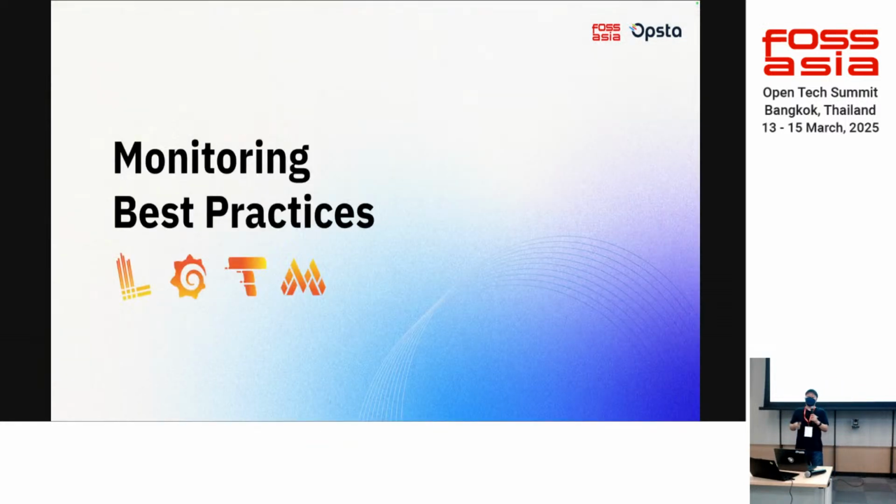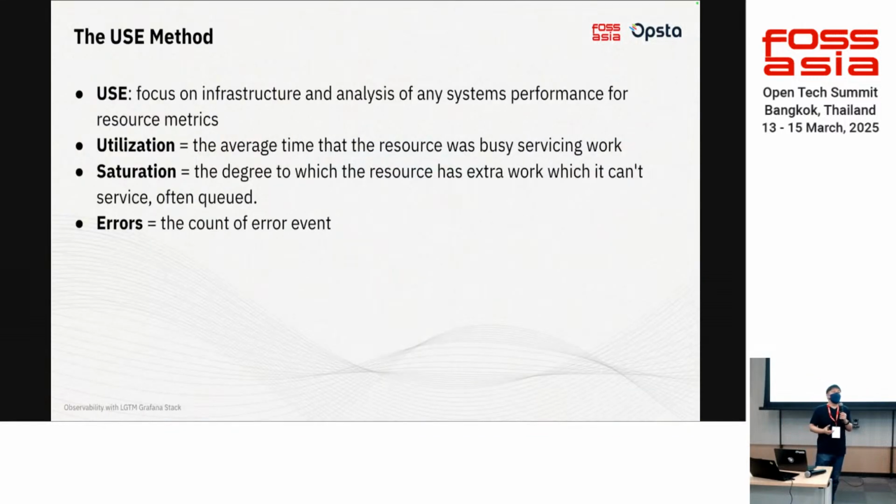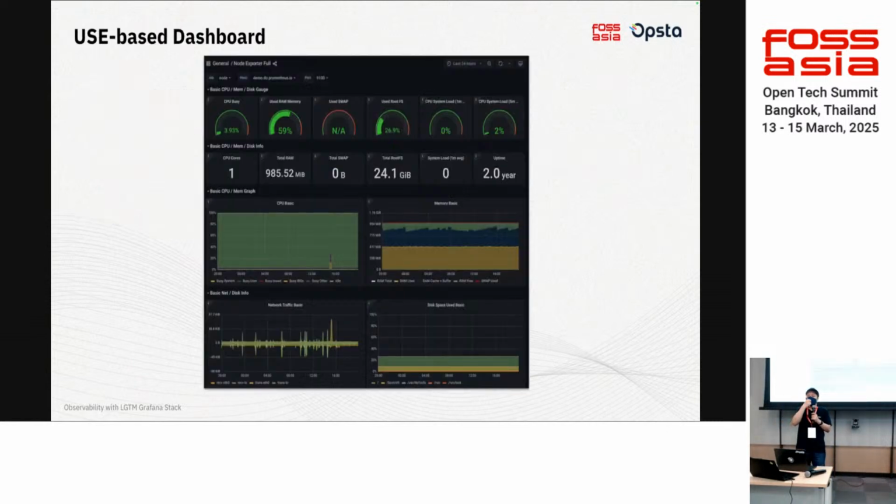And the last thing is about monitoring best practices. When you do monitoring, everyone always uses what is called the USE method. The USE method focuses on the infrastructure, combining utilization, saturation, and errors. With this, you see how much your system is utilized. We normally always monitor CPU, memory, and network bandwidth, or something similar, in the metric way.